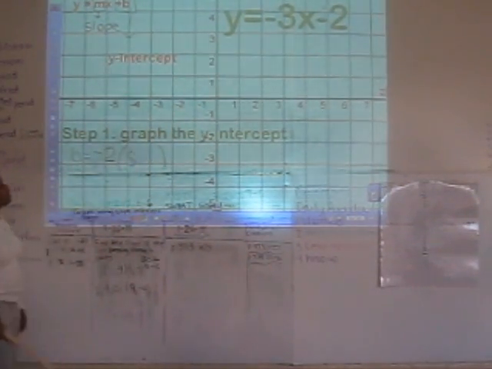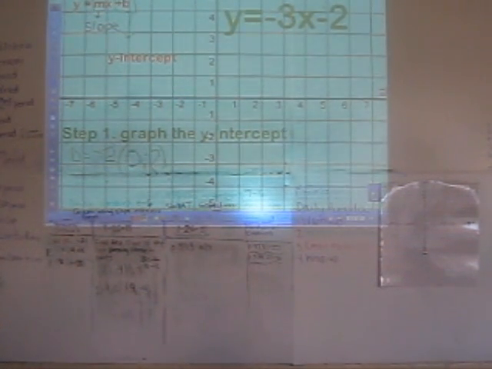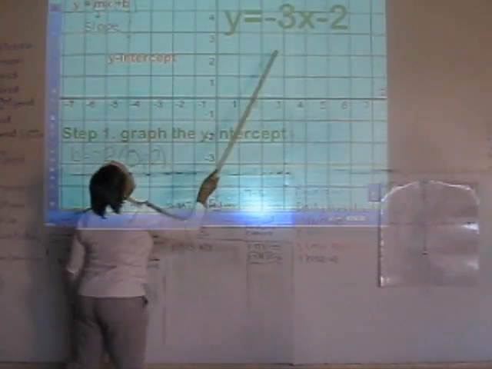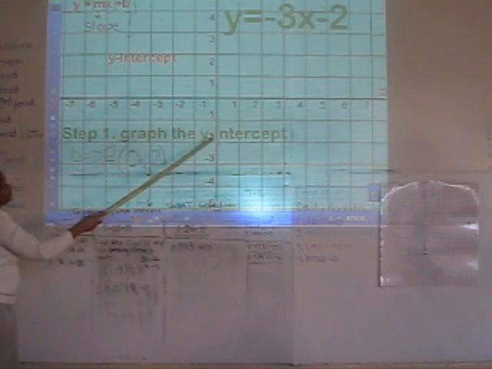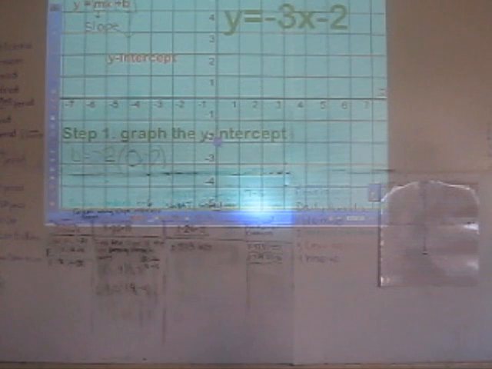So we write 0, comma, -2. We see that the y-intercept is -2, so we go on the y-axis and grab 0, -2, right there. A second step, step 2.